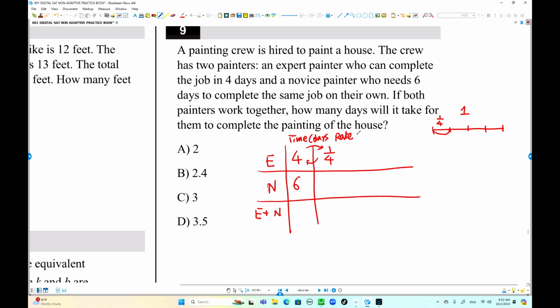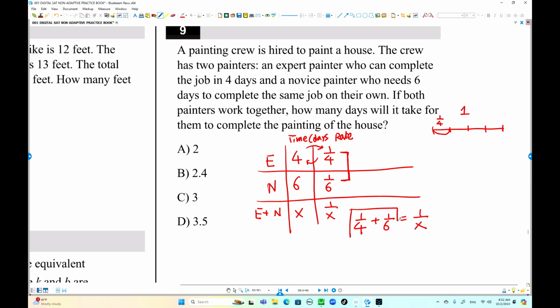This one is 6, so it takes 1/6 of a job every hour. When they work together, this one is also 1 over x. You have to add these two rates. Every hour, how much of a job can be done? So 1 over 4 plus 1 over 6 equals 1 over x.